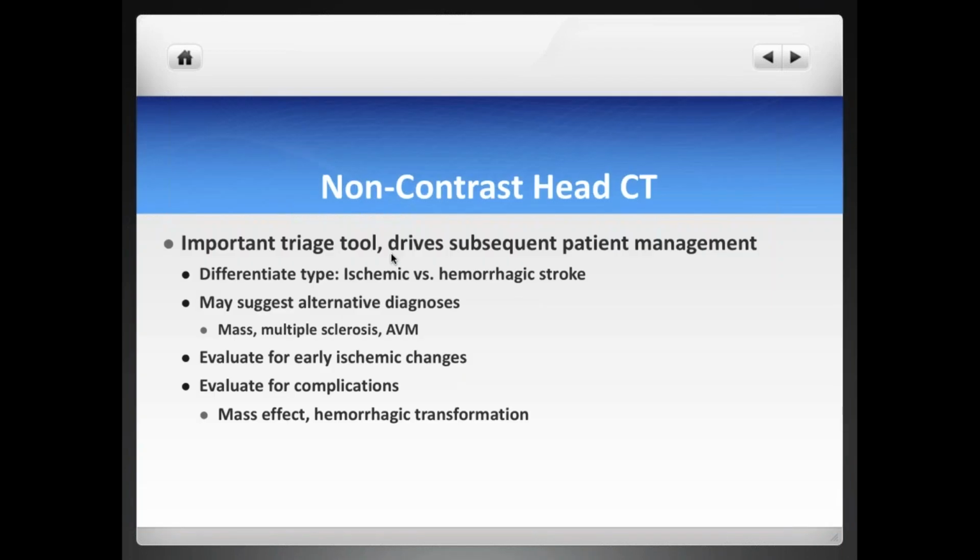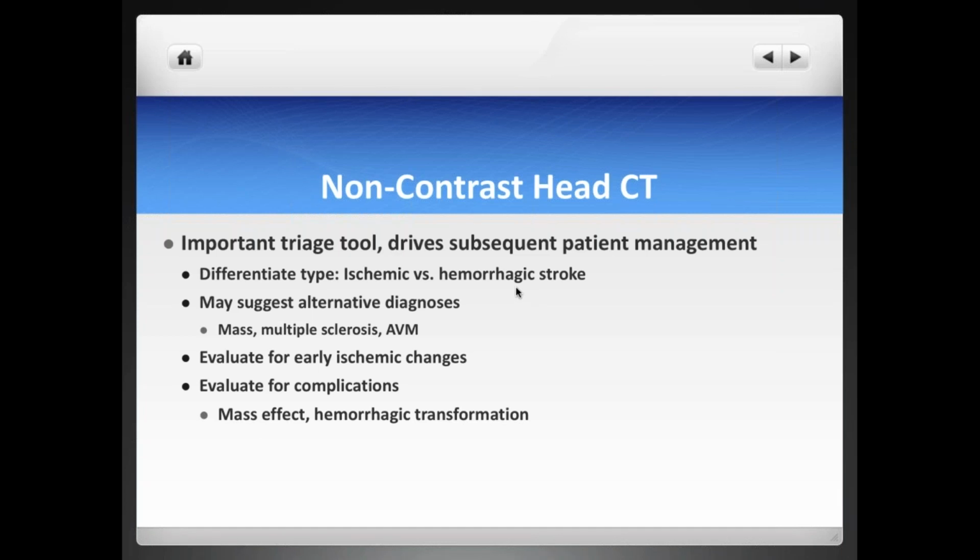Let's start with the most simple study, non-contrast head CT, which I'm sure everyone here is familiar with. Of course, it's a very important triage tool, and it's going to drive subsequent patient management. It is the single most important study that you need when that patient comes in to the ER. First of all, it's going to differentiate the type of stroke. It's going to determine whether it's a hemorrhagic stroke or not. And of course, if it is a hemorrhagic stroke, it's going to be an entirely different management.